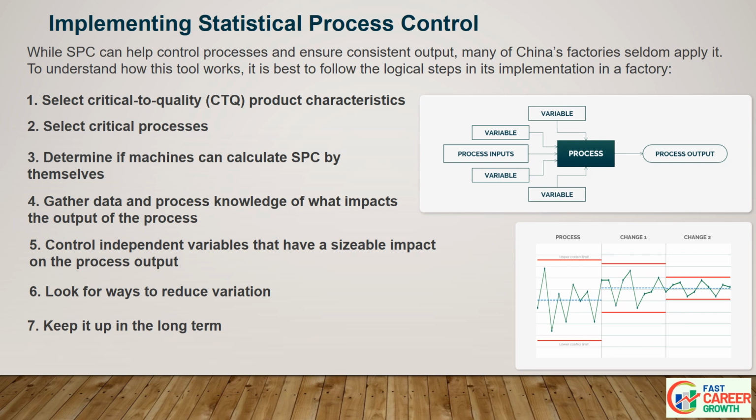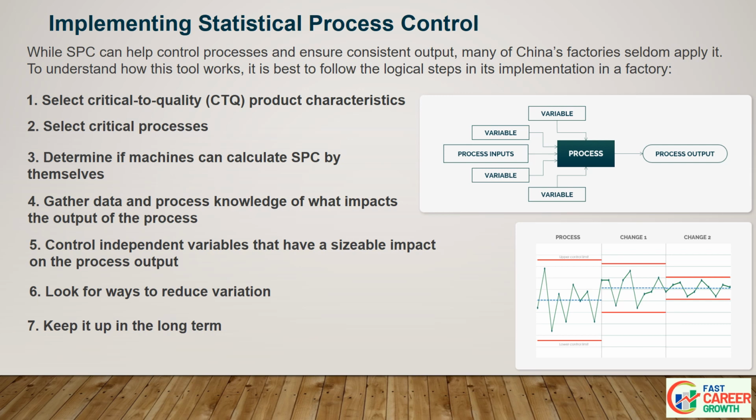A CPK target of 1.0 is often attainable within a few weeks. 1.33 is more challenging. 1.66 is much harder. If necessary, you can use another statistical technique called design of experiments, though, to help you get close to the optimal values for variables that impact your process output. But be prepared, there are several available approaches here, and it can get relatively complex.